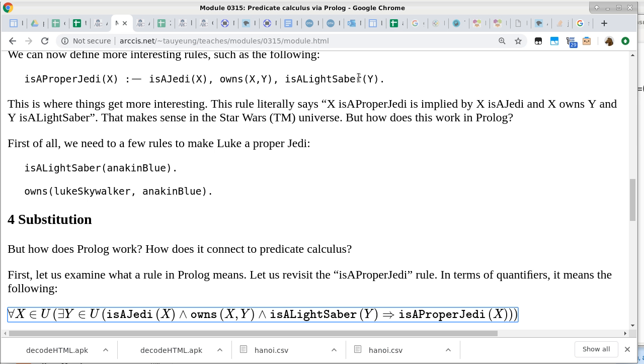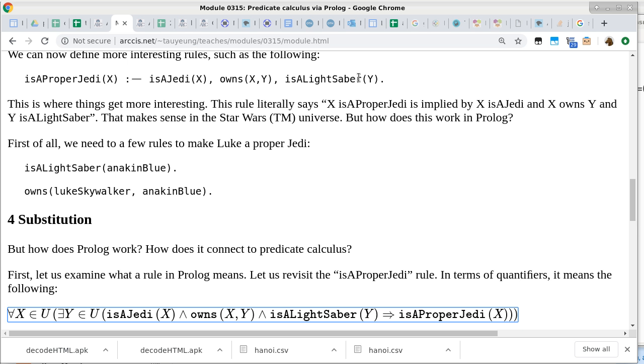Yeah, it makes sense that it's on the inside because by the time we get to this part here, we have already bound x to one of the elements of U, and then we're asking the question, for this particular thing in U, do we find at least one y also in U to make the following true?